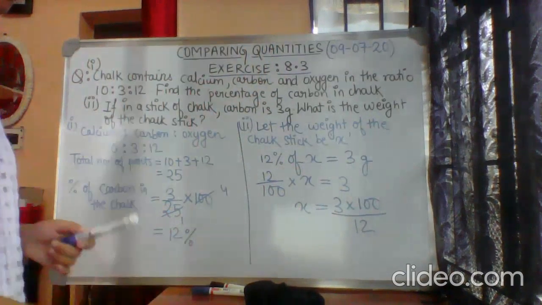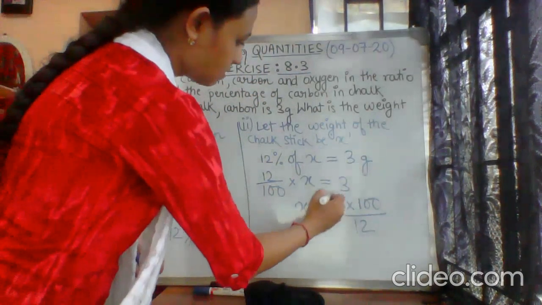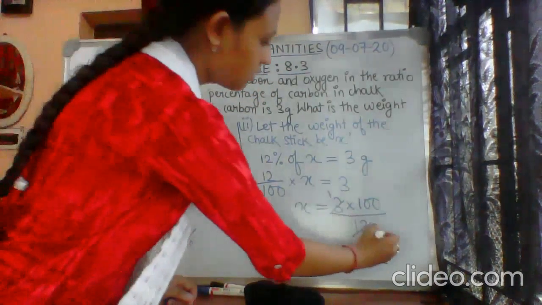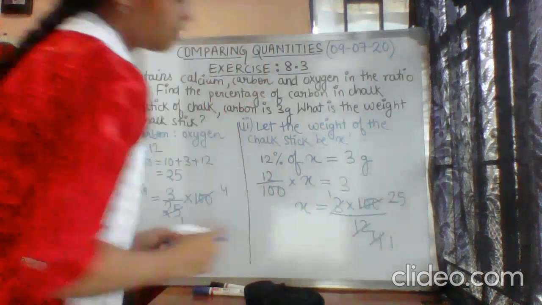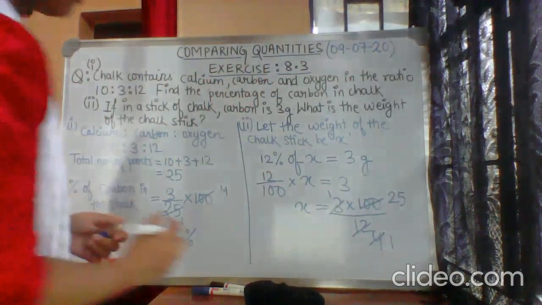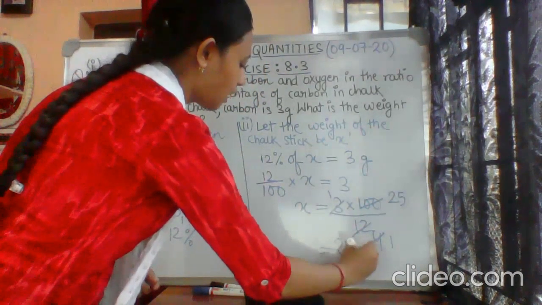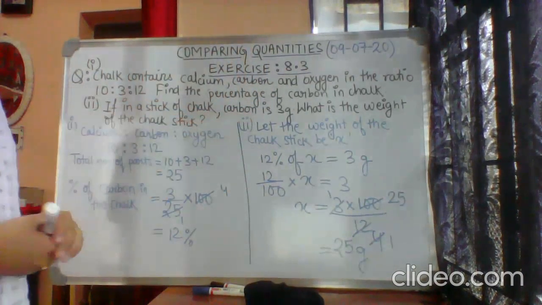Okay, clear? Now you can calculate easily. 3 ones are 3, 4 threes are 12. Again you cancel. 4 ones are 4, 25s are 100. So x, how much will it come? 25 gram.